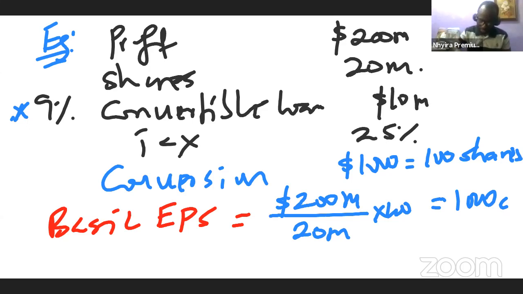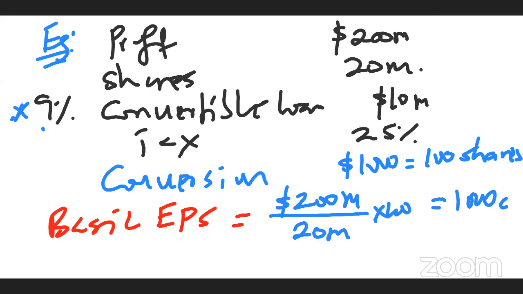Let's go to the diluted earnings. In the diluted earnings, we bring our profits, 200 million, and then we bring the interest, which is 9% by 10 million, so 0.09 by 10.